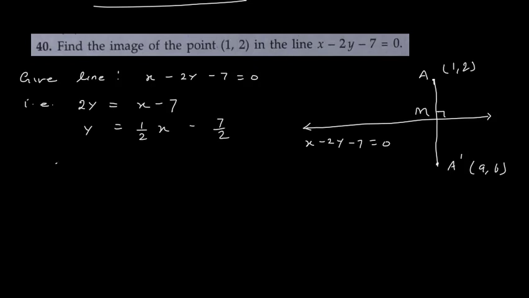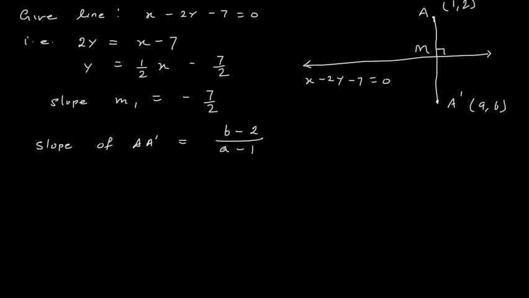So here the slope is 1 upon 2, say m1. Now the slope of AA dash, say m2, is equal to (b minus 2) divided by (a minus 1). As AA dash is perpendicular to the given line, we can say that m1 into m2 is equal to -1.